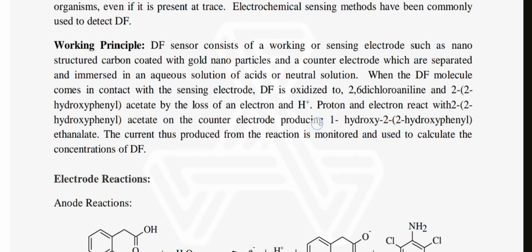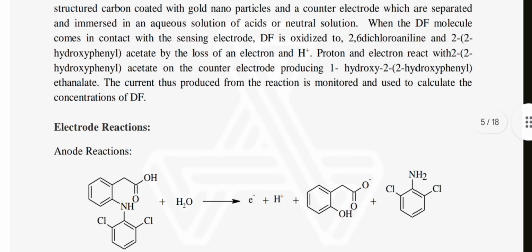Proton and electron react with 2,2-hydroxyphenyl acetate on the counter electrode, producing 1-hydroxy 2,2-hydroxyphenyl ethanolate. The current thus produced from the reaction is monitored and used to calculate the concentration of DF, that is diclofenac, present.